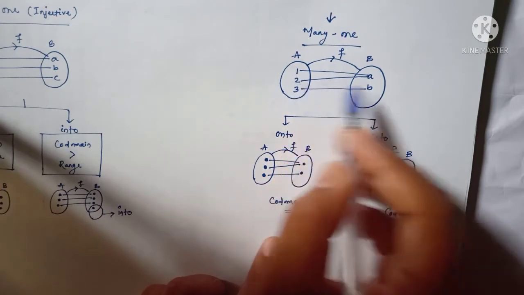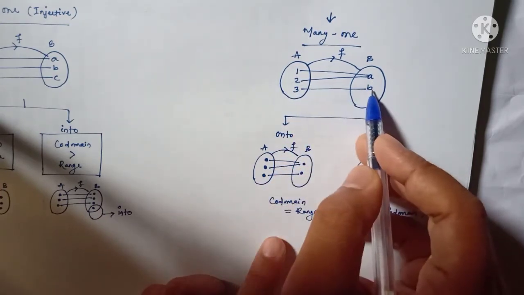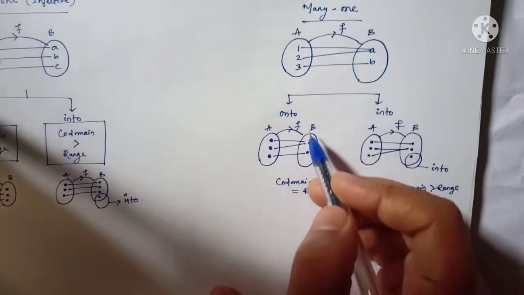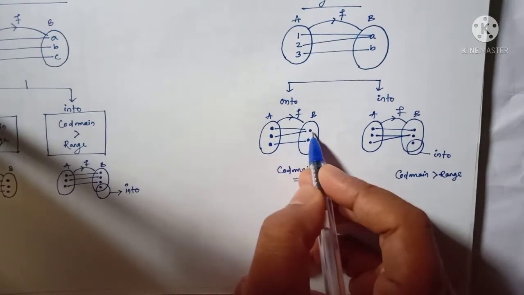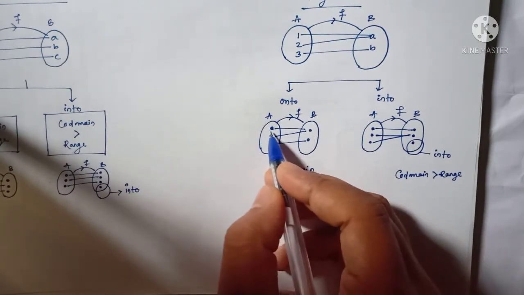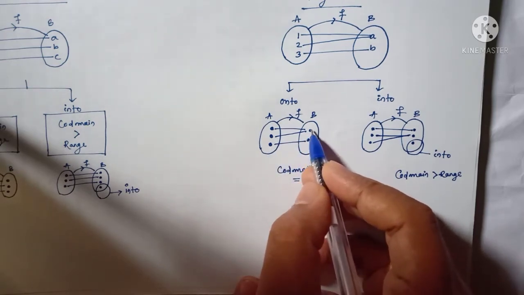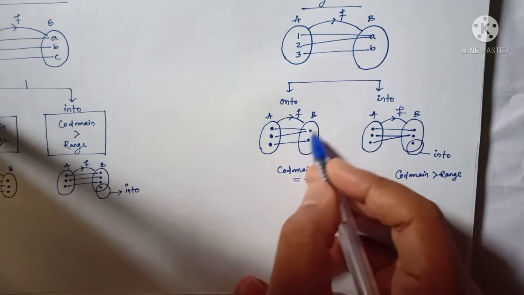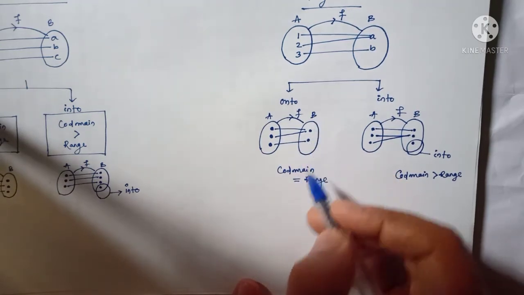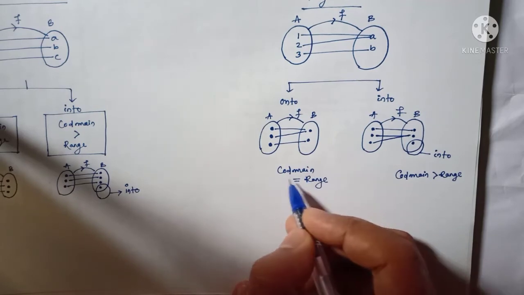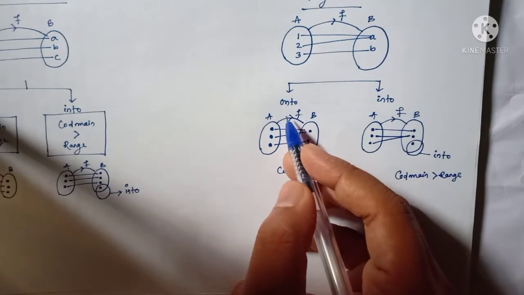So here 1 and 2 have one image, that is A, and 3 has one image, that is B. When it is onto, here we have two elements with one image and one element with one image. The codomain has 2 elements and the range is also 2 elements. So the codomain is equal to the range. This is called a many-one onto function.